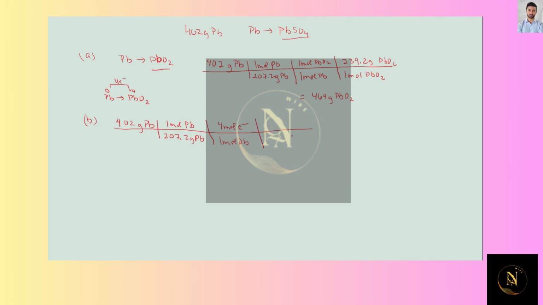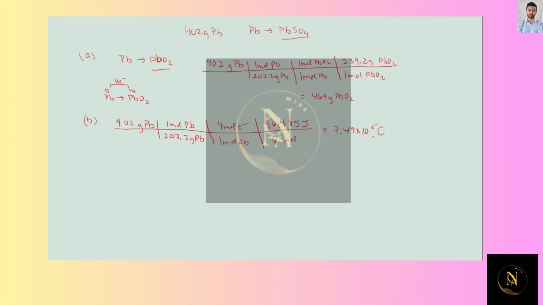And then I use Faraday's constant: for every mole, 96,485 joules per volt. There my moles cancel and I get joules per volt, which is actually equal to a coulomb, so that gives me my coulombs, and that is equal to 7.49 times 10 to the 5th coulombs.